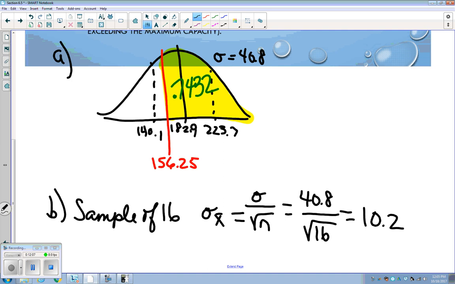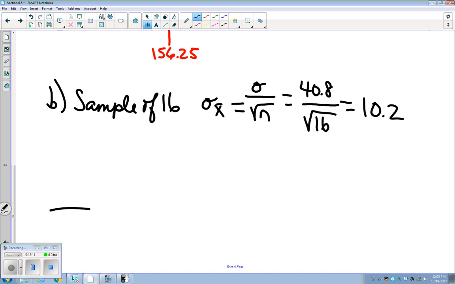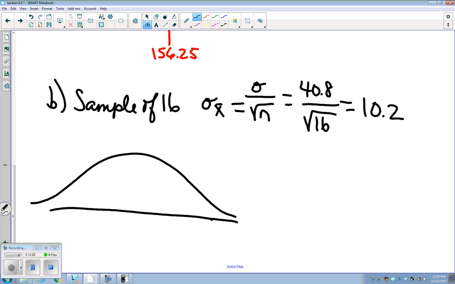So just to reiterate what's happening, if I use the same units of measure and I was up here and I had a sigma of 40, I'm going to have this stretched out curve because my standard deviation is so large.